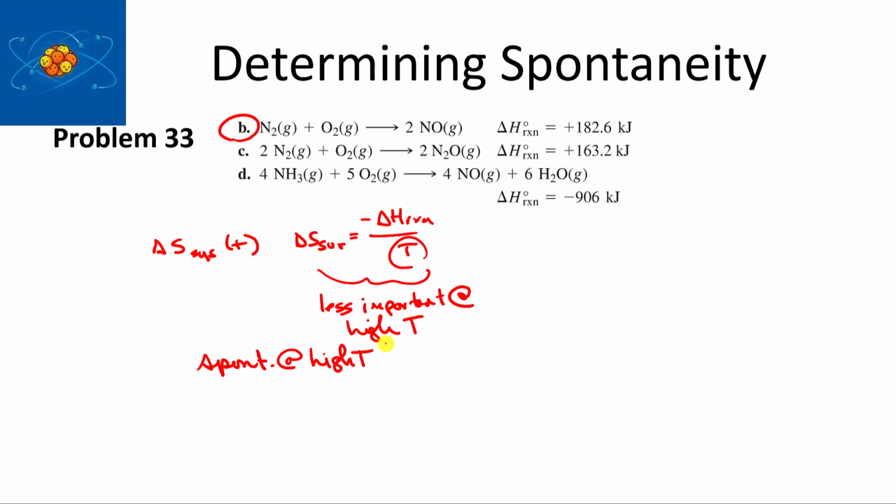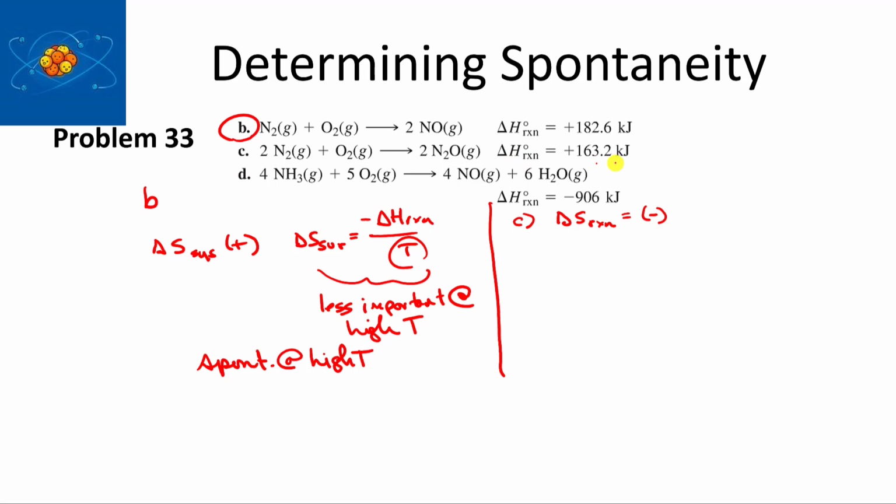Okay, so let's go ahead and do C. In C, we have 3 moles of gas on the left and 2 on the right. So delta S for the reaction is negative.